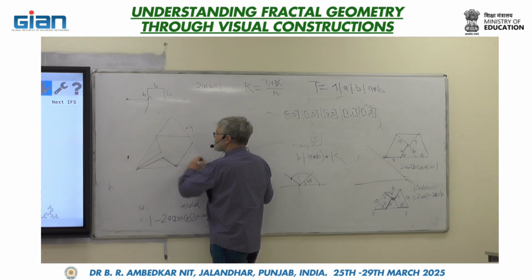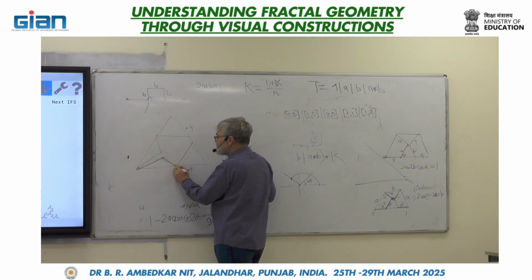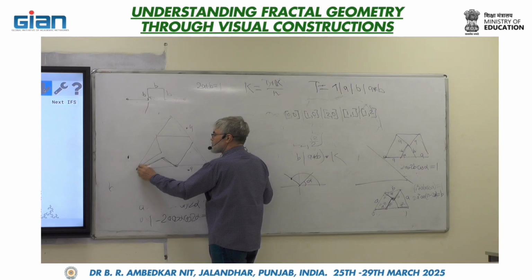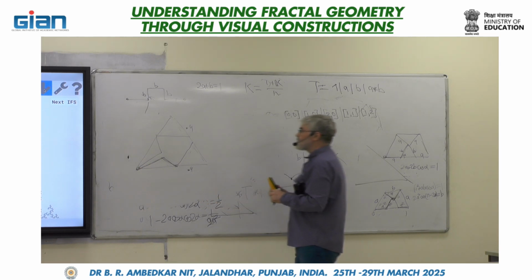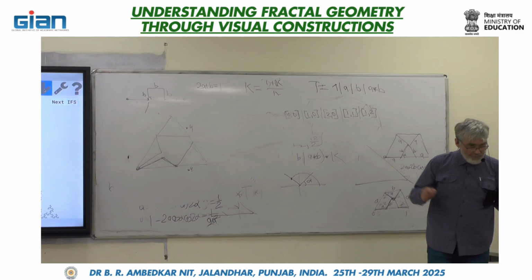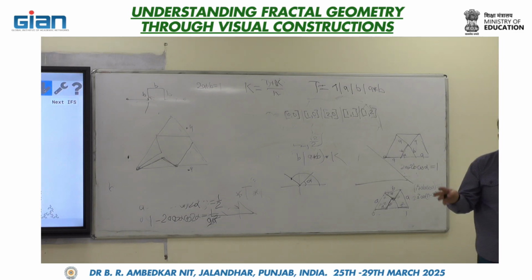These affine mappings will send this triangle to this one. And this affine mapping will send this triangle to this one. Okay. This vertex is preserved. So let us look at what happens if we construct a self-affine system.